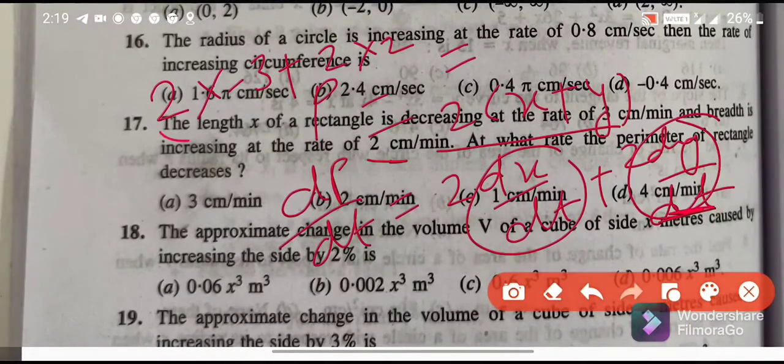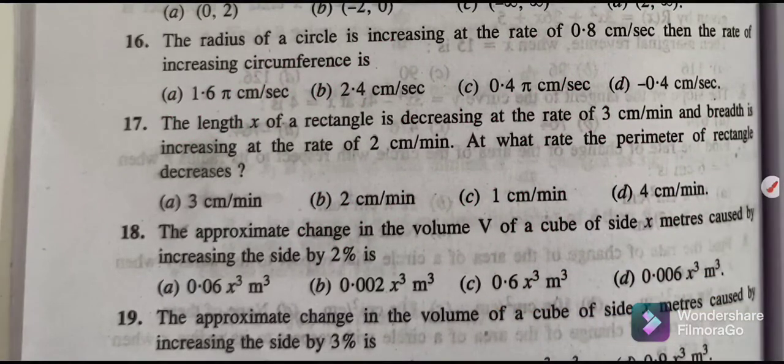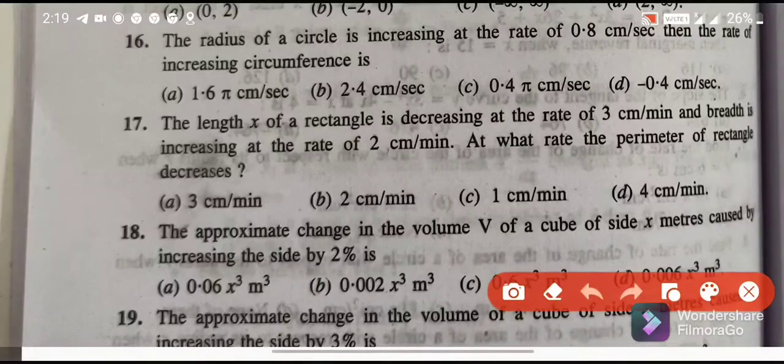Now solve this. 2 multiplied by minus 3, that is minus 6, and 2 multiplied by 2, that is 4. So answer is minus 2. At what rate the perimeter of the rectangle decreases? So answer is 2 centimeter per minute.